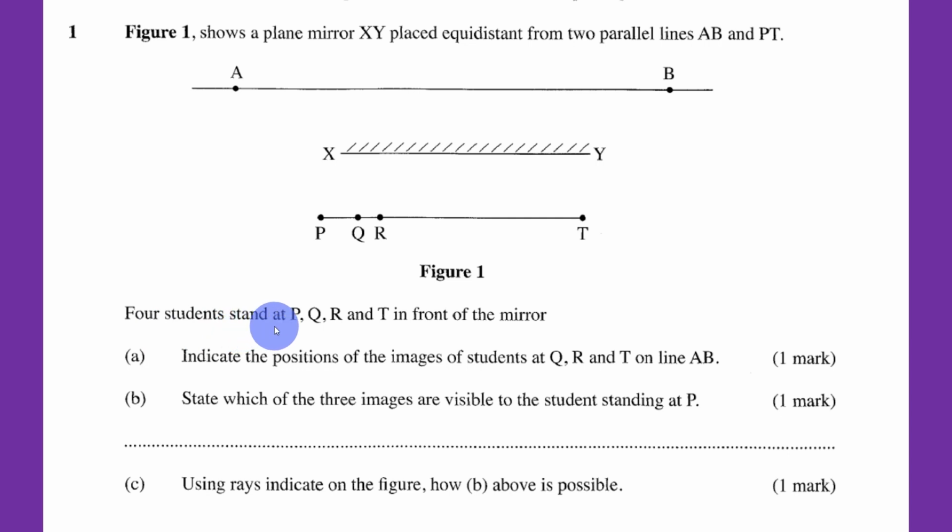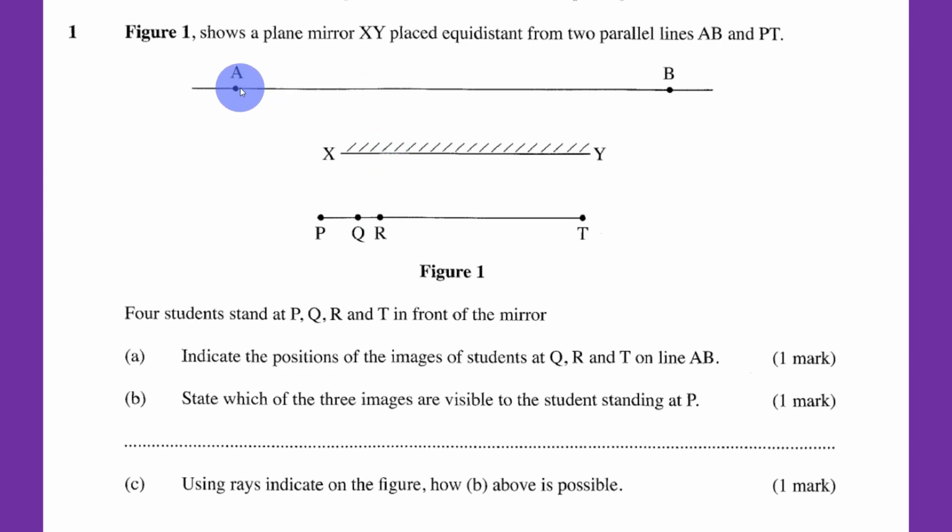Four students stand at P, Q, R, and T in front of the mirror. Of course, we know that their images are going to be formed at a distance which is equal to the object distance. For example, the image of R will be formed at a distance equal to this distance but behind the mirror.